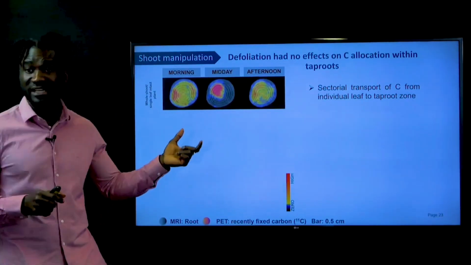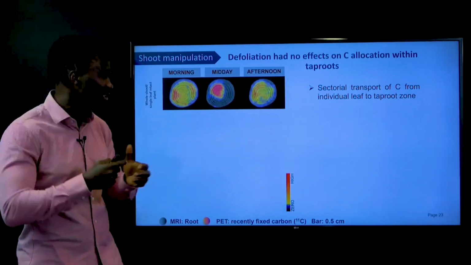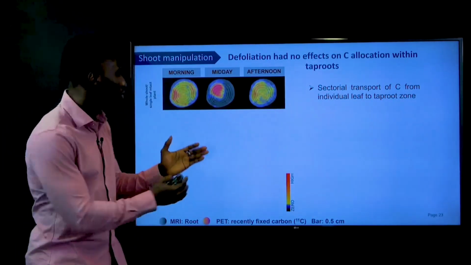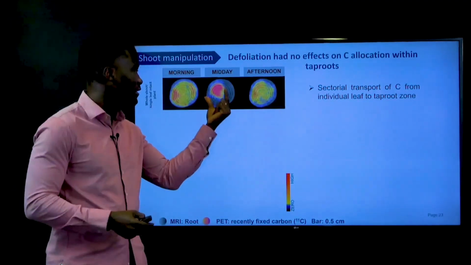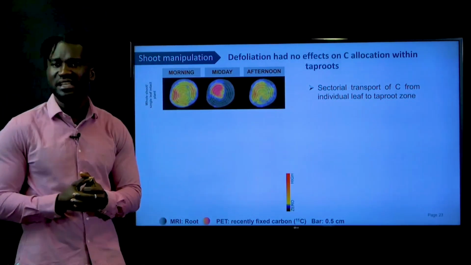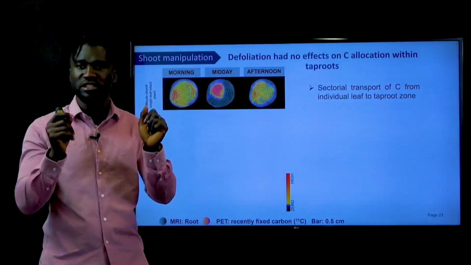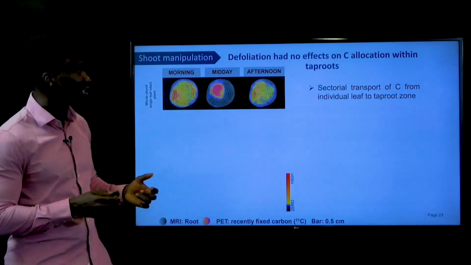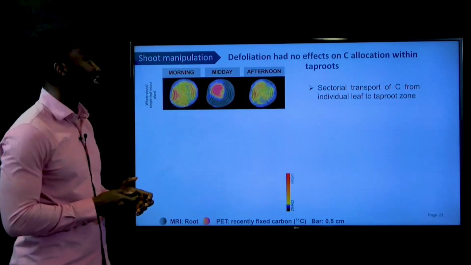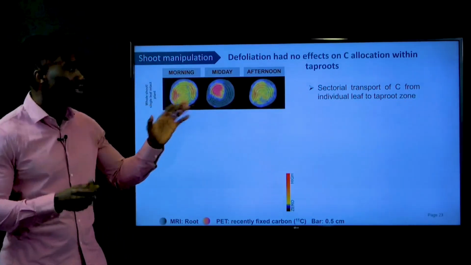What is striking here is that a specific leaf supplies its recently fixed carbon resource to just a specific sector of the taproot. And indeed, the sector that received the 11C was in congruence with the architectural position of the labeled leaf. Therefore, we were convinced that there is a sectorial transport of carbon from an individual leaf to a certain taproot zone.